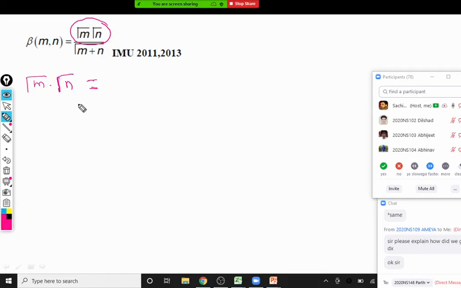of a gamma function. Can anyone tell me the second definition of gamma m? Not gamma m into gamma n, that is not the second definition. 2 into integration 0 to infinity, e power minus x square, x to the power 2m minus 1.